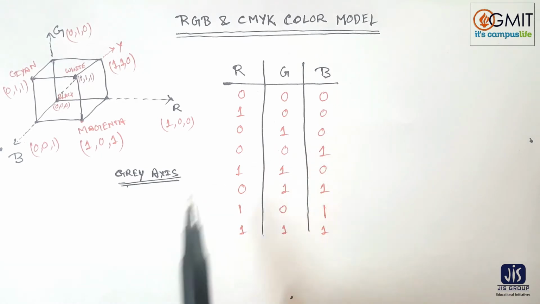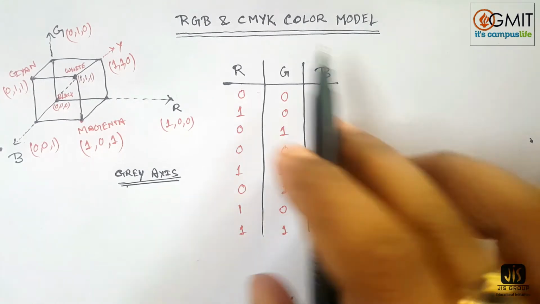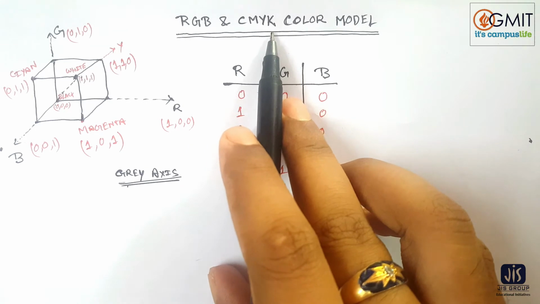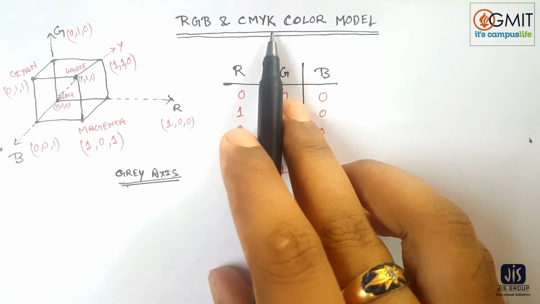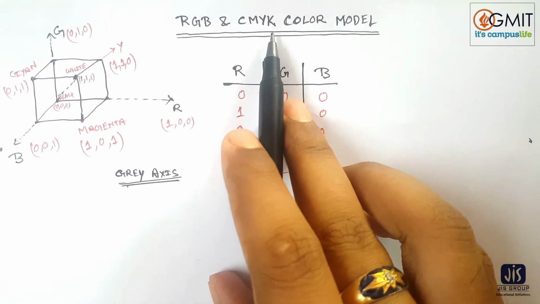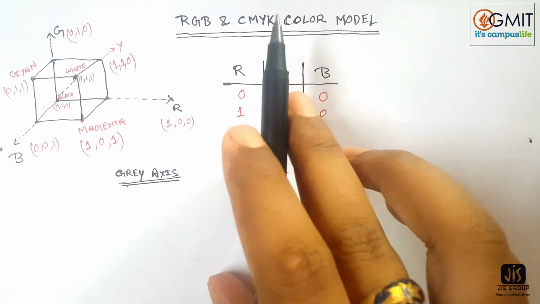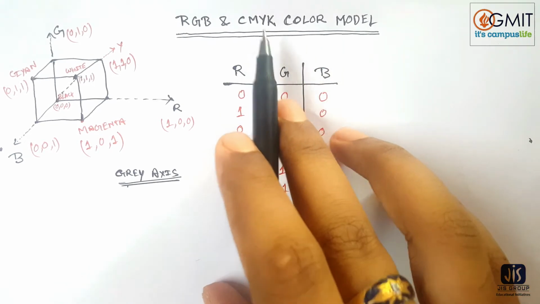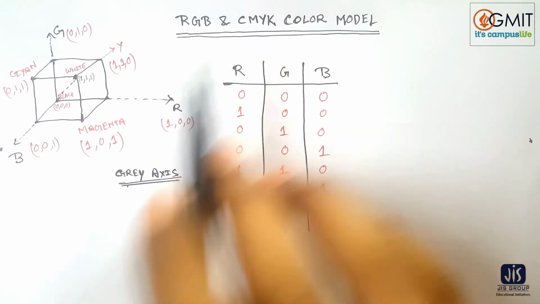Okay, similarly in the case of the CMYK color model: cyan, magenta, yellow, and K stands for key color. K stands for key, K-E-Y. Cyan, magenta, yellow and key. Here the key color is nothing but black, and CMYK is a subtractive color model.